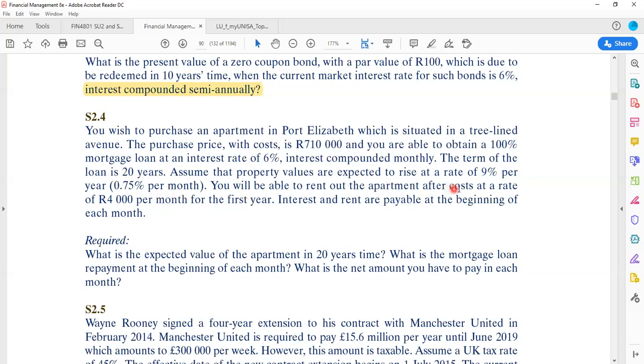You will be able to rent out the apartment after costs at a rate of 4,000 per month for the first year. Interest and rent are payable at the beginning of the month. What is the expected value of the apartment in 20 years? What is the mortgage loan repayment at the beginning of each month? What is the net amount you have to pay in each month?